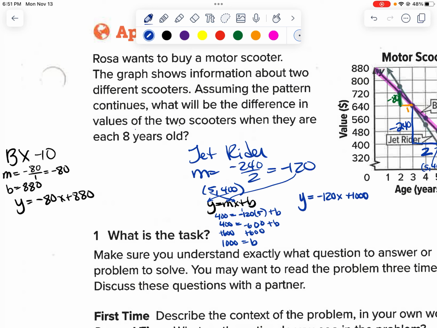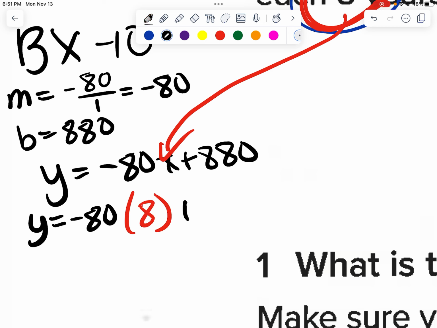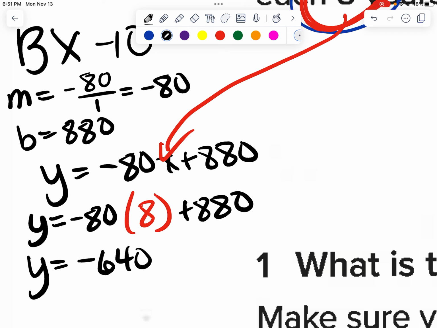Okay, so that's the first part of what it's saying. Then the second part wants to know when it's 8 years old. So what we're going to do is take this 8 right here, and plug it in for this x here, and for this x right here. So over here, y equals negative 80 times 8 plus 880. So that's going to get us negative 640 plus 880.